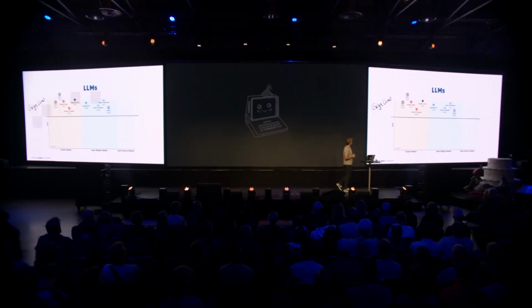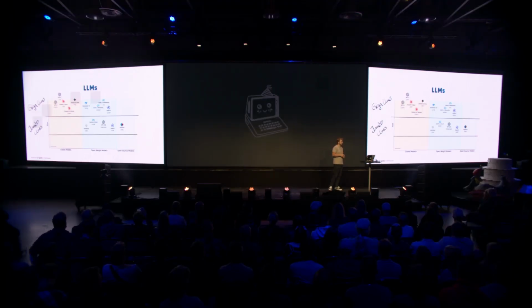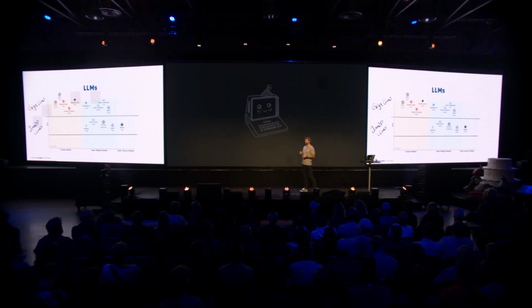Then we have smaller models, jumbo LLMs. There we have models from 27 billion parameters, 30 billion parameters. And there we also have a new category of models, and those are open source models. The difference between open source and open weights is that with an open source model, not only the weights and the architecture, but also the whole training data and the training process is open source.